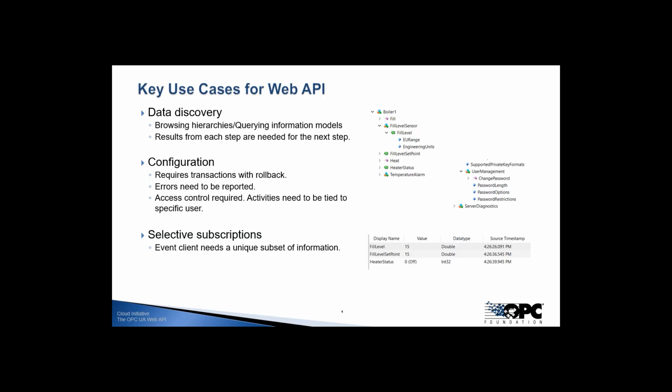And so it will create one subset, another client will connect and it will create a different subset. So every client will have a different subset of the data it's looking at. And when that happens, the advantages of PubSub disappear, because if every client needs a different subset of information, then you don't get a lot of the scaling that you get out of broker-based communication, and you're much better off using the Web API approach.